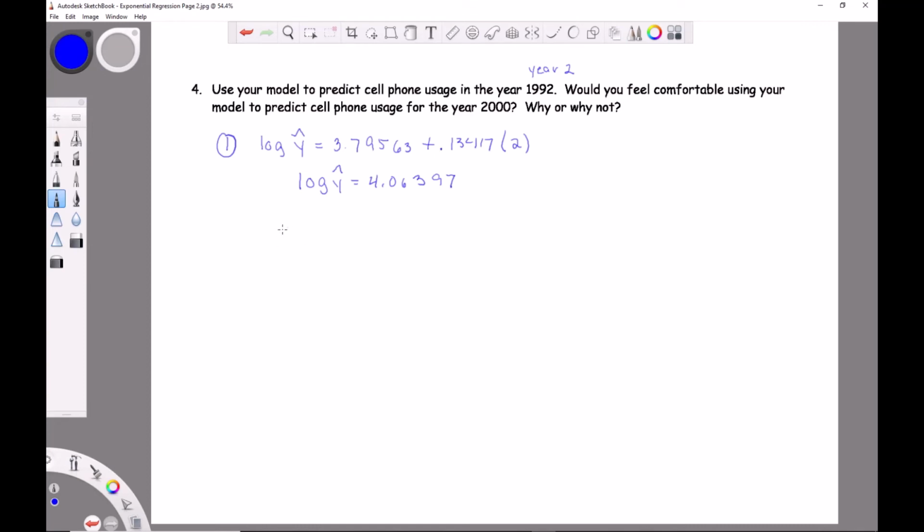So let's go ahead and put both of these things on base 10. So here's base 10 log, and remember that is base 10 of y hat equals 10 to the 4.06397, right? And remember, when this matches this, the argument drops out, and 10 to this number is 11,587 subscribers.